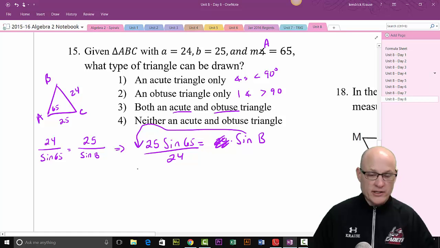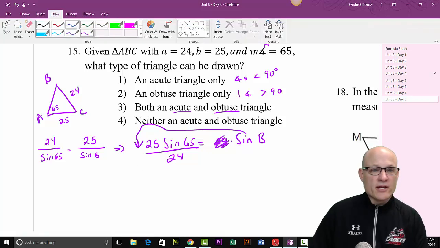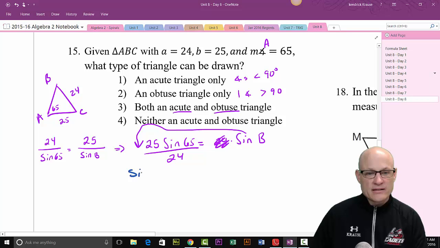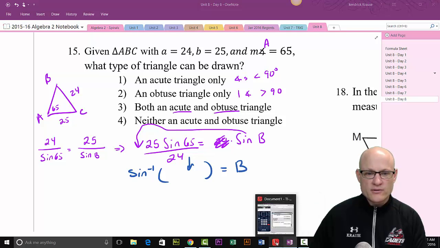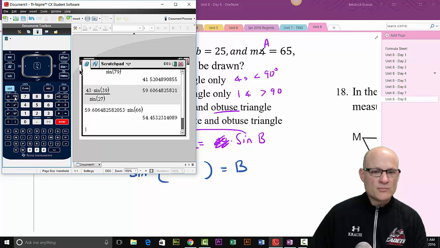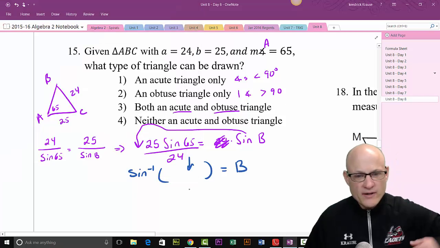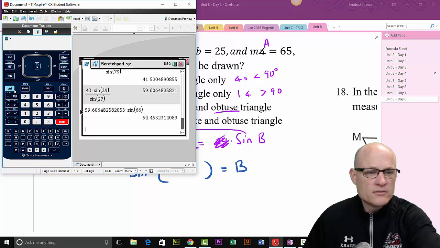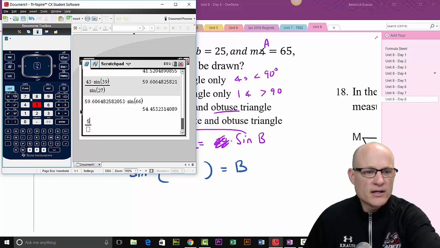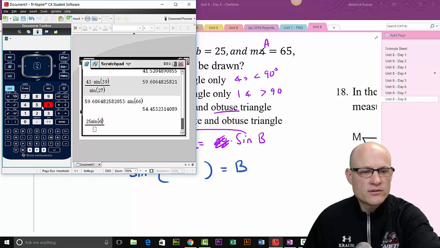Now to find b, we're going to bring sine inverse over here. So what I really end up with is sine inverse of this huge mass is equal to b. So let's do that. Well, let's just figure out what that division is. 25 sine 65 all over 24.